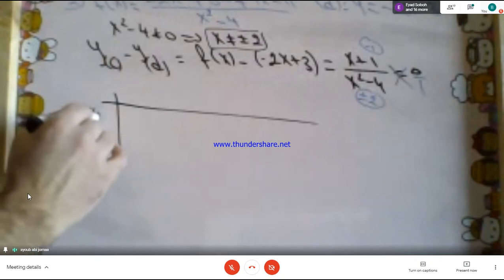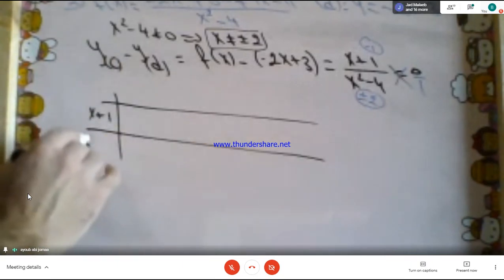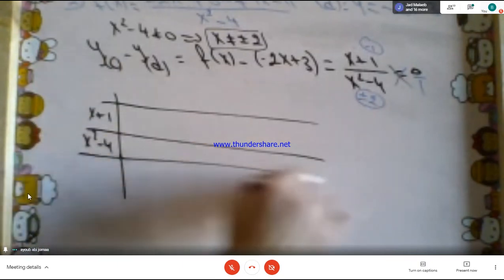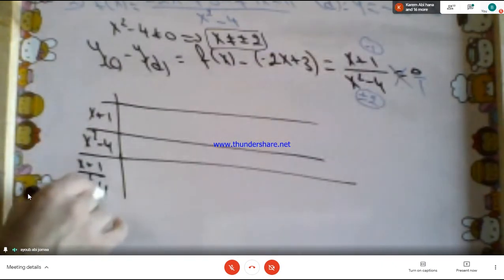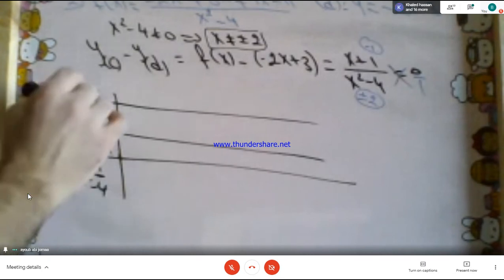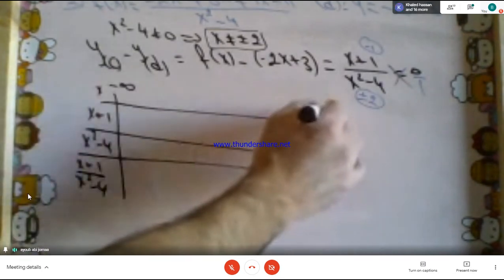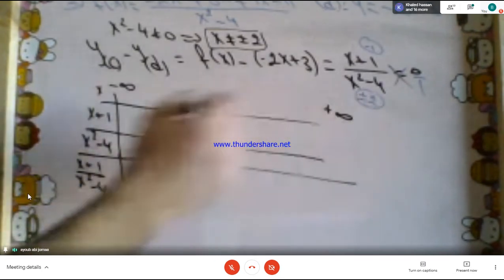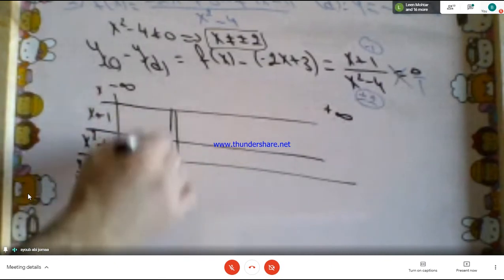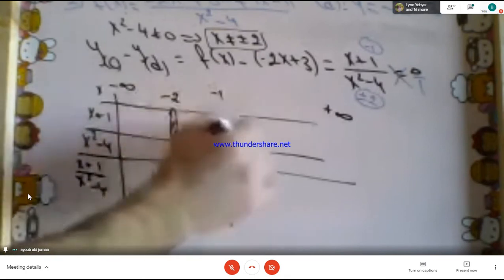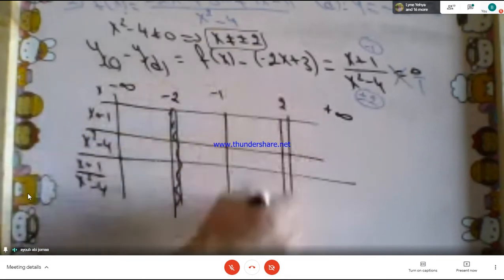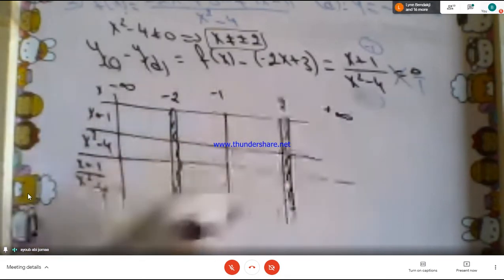We have x plus 1, x squared minus 4, and then the ratio x plus 1 over x squared minus 4. Values of x from negative infinity to positive infinity. We have negative 2, shaded because the denominator cannot be 0. We have negative 1, and we have 2, also shaded because x cannot be equal to 2 in the denominator.